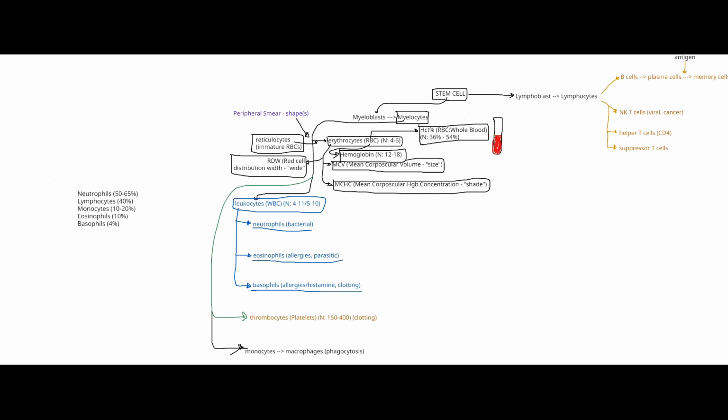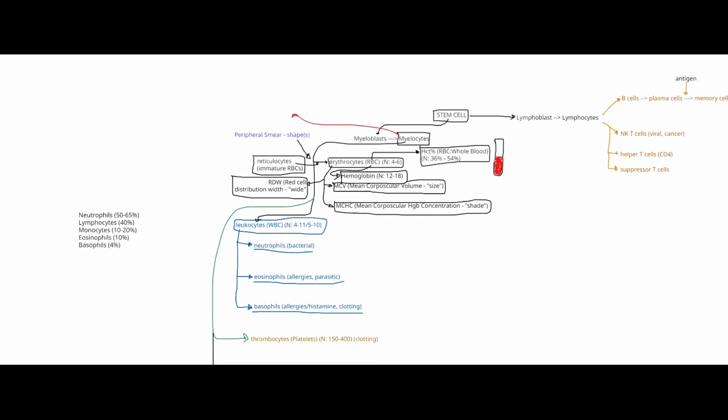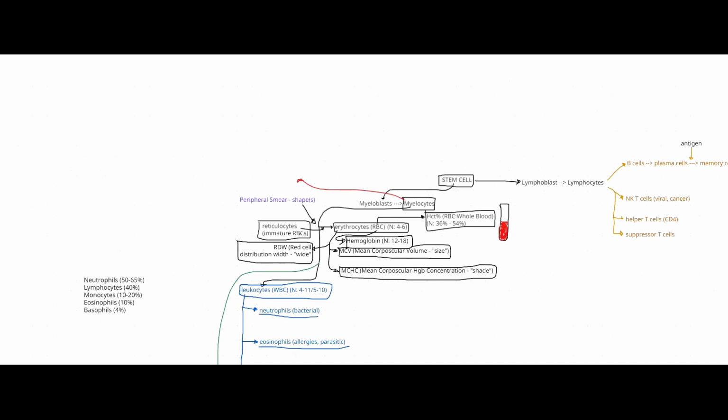So your myelocytes here, I'll put it up here. They can either be too high or too low, right? If there is an overproduction of the myelocytes, of the cells in the bone marrow, we call that a myeloproliferation.